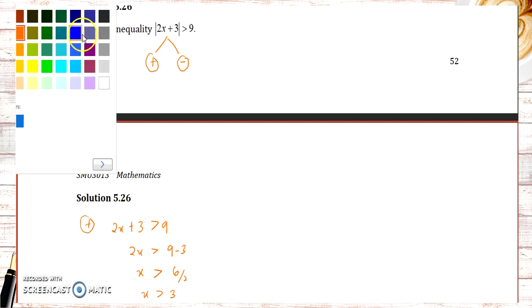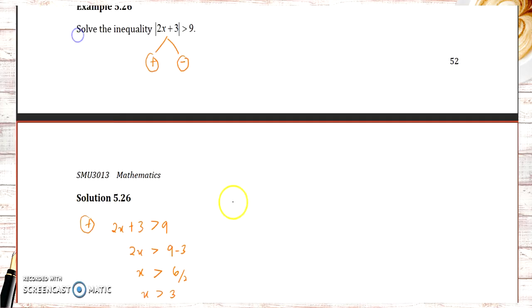Now for the negative inequality, we have negative times 2x plus 3 greater than 9. Eliminate the negative from the left hand side. We need to divide both sides by negative and reverse the sign. Therefore, we get 2x plus 3 less than negative 9.